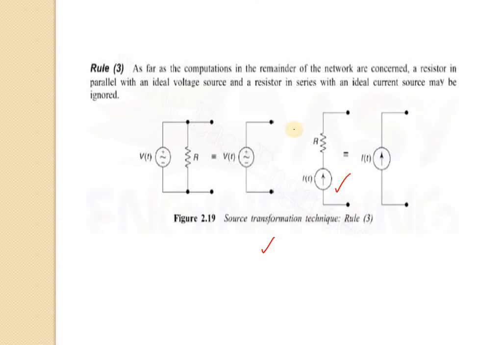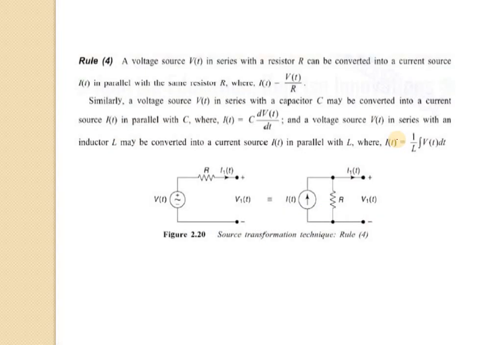A voltage source with a resistor we can consider as a simple voltage source. And in a similar way, for a current source with a resistor we can ignore the resistance and consider the single current source.